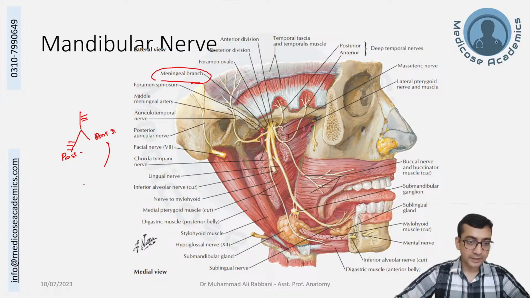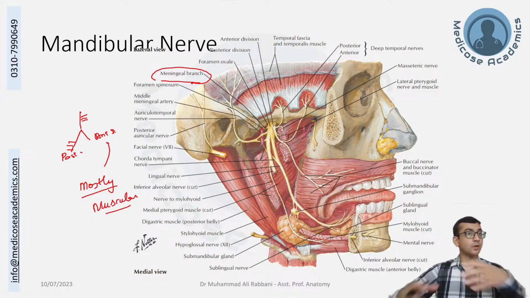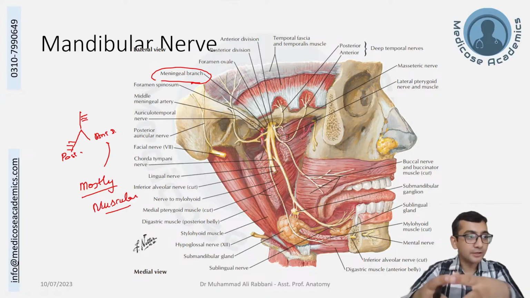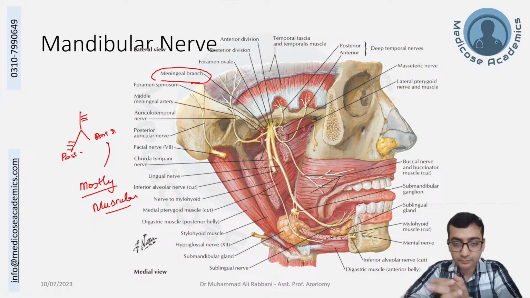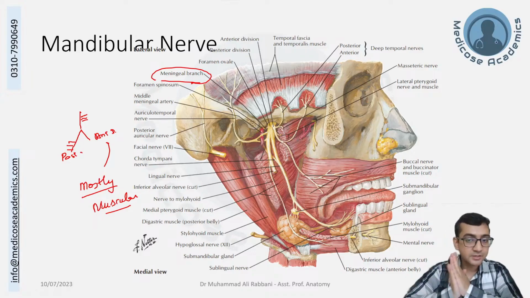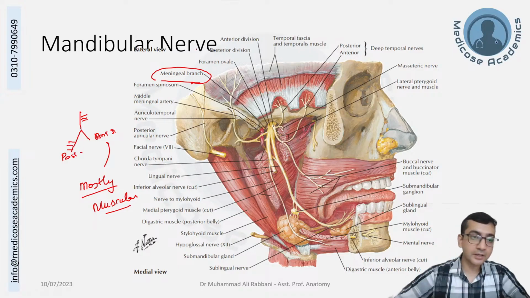Anterior is the one that has mostly, I am using the word mostly, muscular. Again, what were the muscles in the infratemporal fossa? These were the muscles of mastication. Have we covered any muscles of mastication in the main trunk? Yes, we have covered the medial pterygoid.